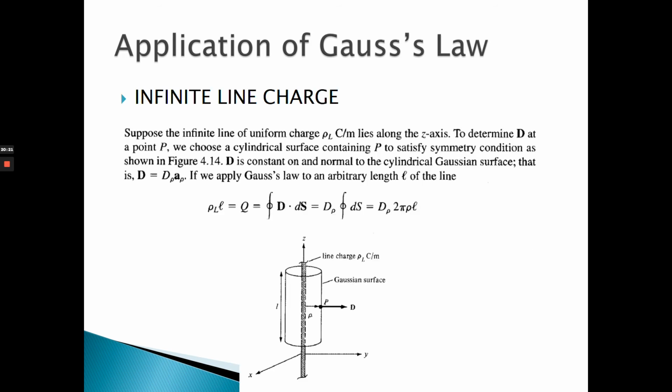but for the surface it's a little different. When it's an infinite line charge, you want to find what is going on, but you cannot calculate it for infinity. So what you have to do is define a closed surface of length L. Once you define a closed surface, which is a Gaussian surface now because it's enclosed, it has a circular surface.